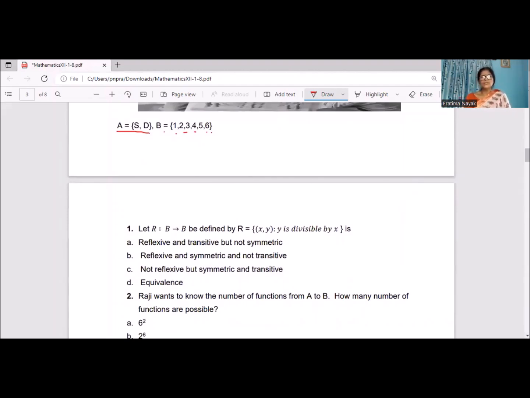Now the question starts from here. Let a relation be defined from set B to B. It is defined by all ordered pairs (X, Y), where X, Y both belong to B, but Y is divisible by X. That means when you take B to B, you are taking (1, 1), (1, 2) and so on up to (1, 6).